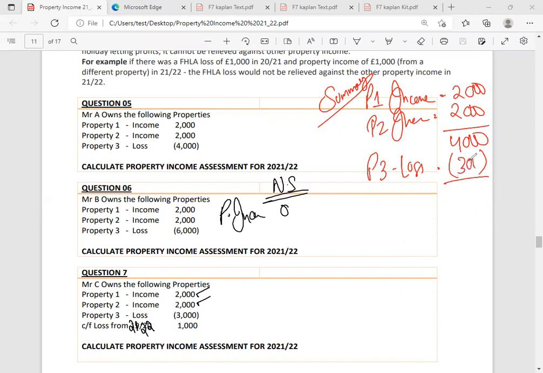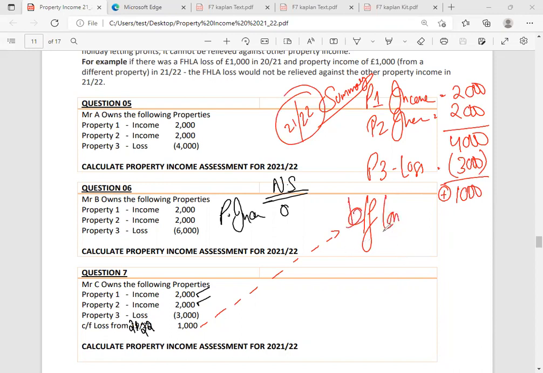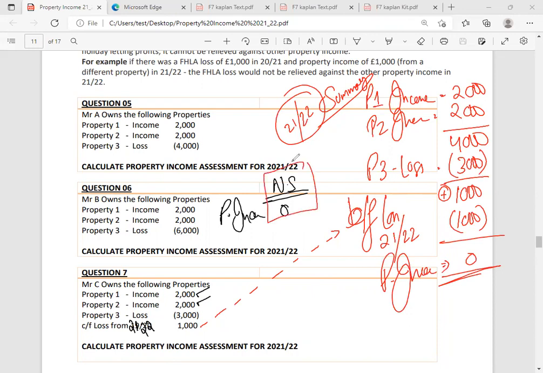So after deducting the loss, I have positive 1000, but we have a loss from the previous year, 2021-22. So we will write brought forward loss, because it's carried forward from the previous year. It's brought forward for this year, 1000, and it will be adjusted. Again, the property income is 0, meaning no property income under the head of non-savings. Any questions, please?